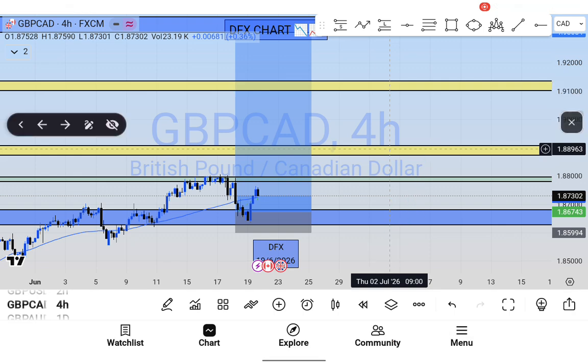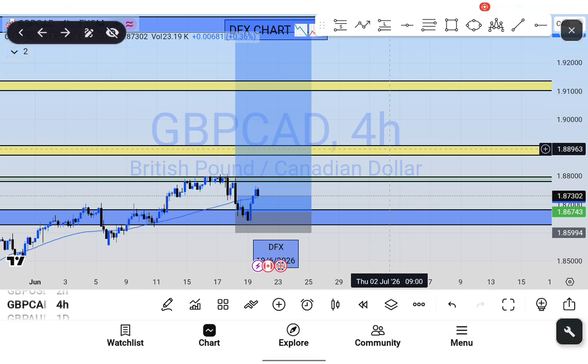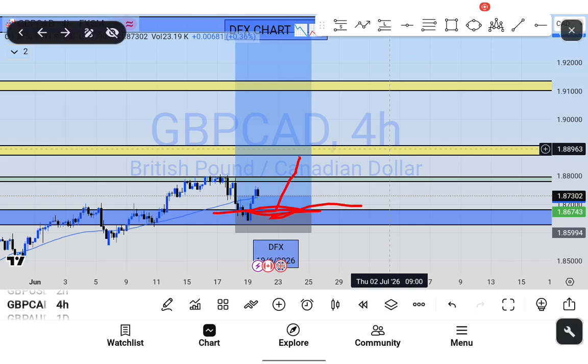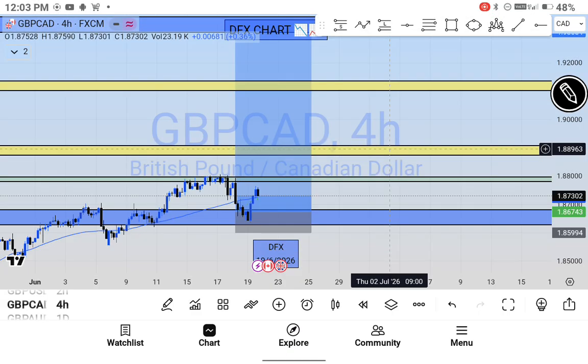For now, once the market opens, we'll watch the candles printing. If we have a break above this 4-hour resistance, we move our SL to entry, to break even on the trade, and allow the market to do its thing. All right, so that's all for Pound CAD.